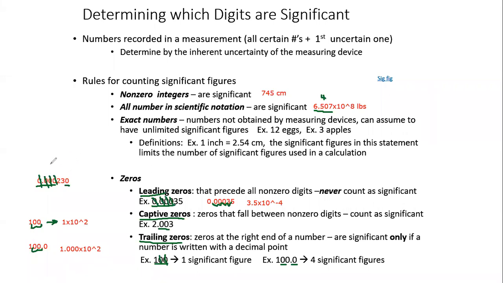So if we were to write this in scientific notation, remove the decimal point. Let me change the color. We go 1, 2, 3, 4. Since we move 4 places to the right, it's negative. So this would be 2.30 times 10 to the negative 4. So the 0 at the end of a very small number is significant. So you need to include it when counting significant figures.